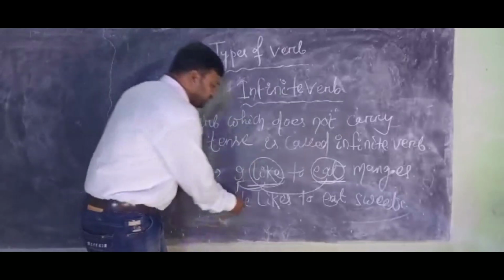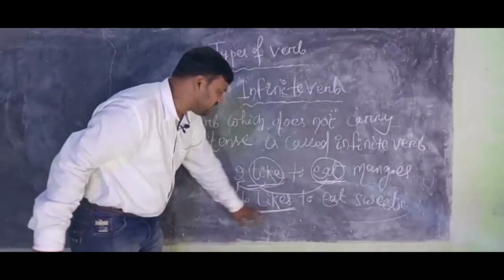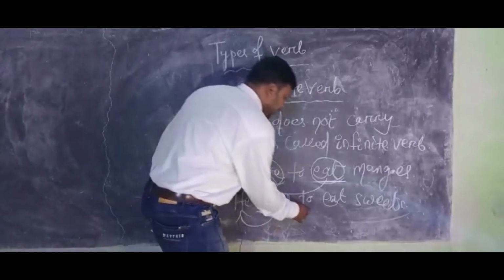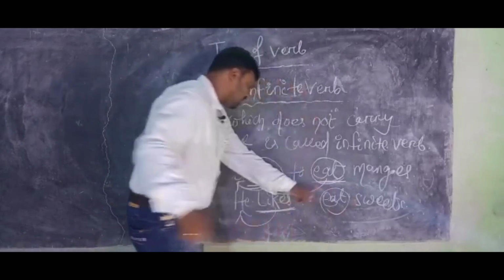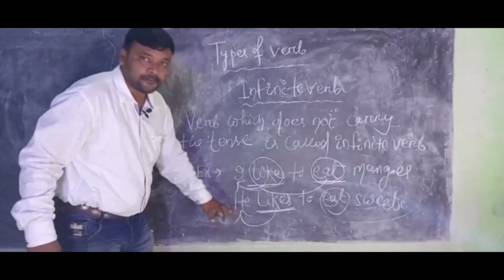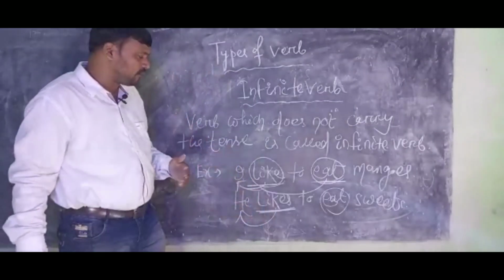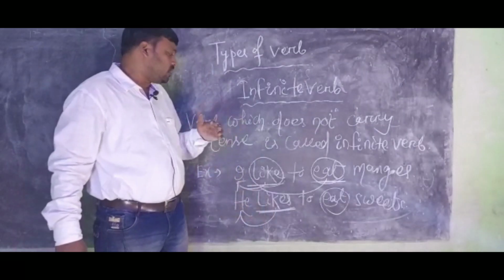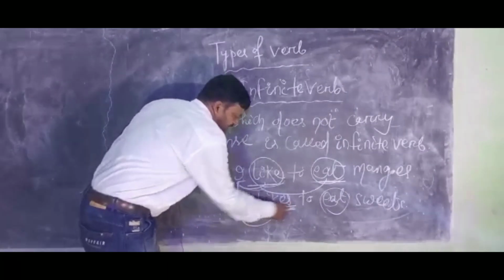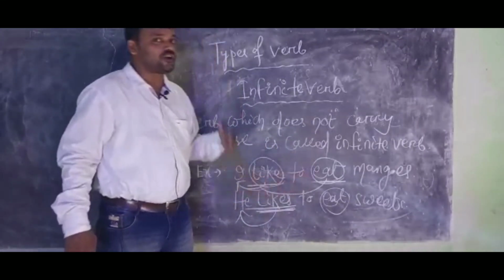Here the verb likes is in agreement with the subject he, and eat does not agree with he, because he is third person singular number. So to the verb we add the s or es at the end of the verb. So here likes is your finite verb and eat is your infinite verb.